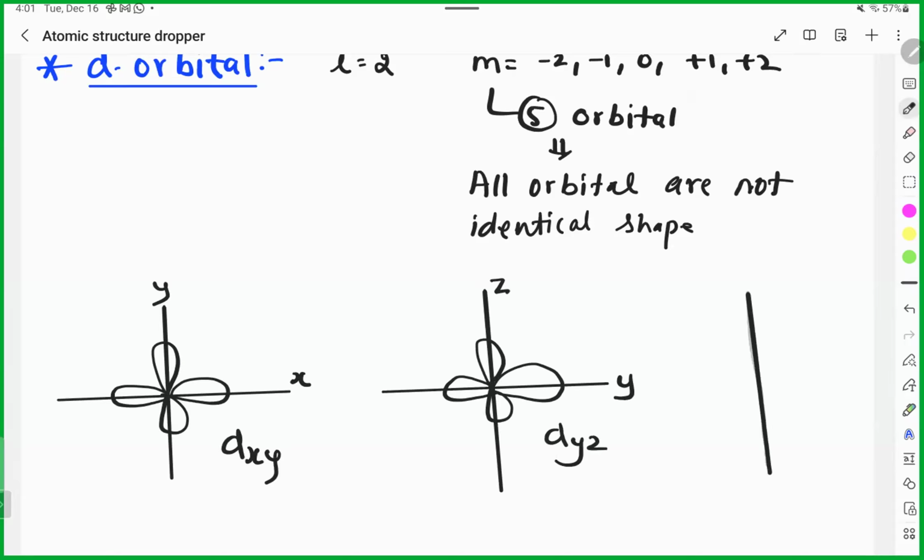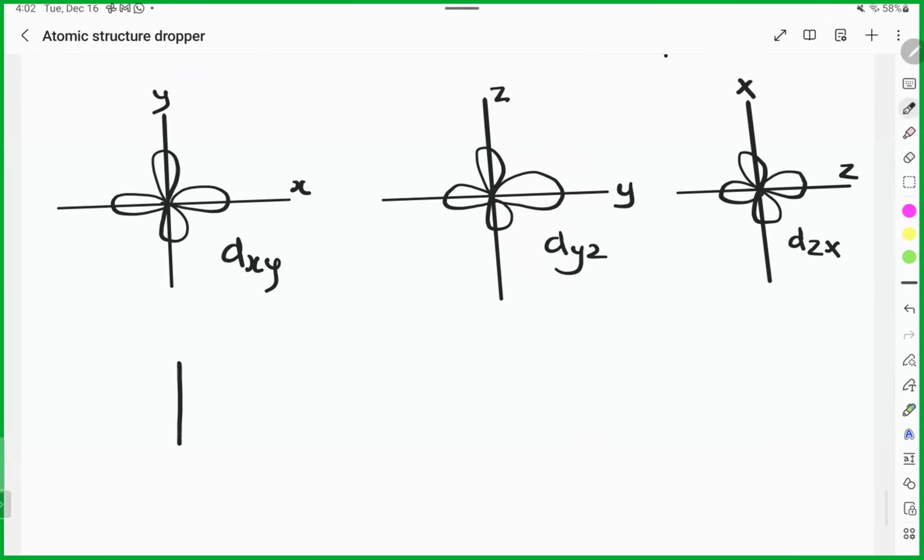And third, z and x. This is the zx. In this case, what you are seeing, there are 4 lobes in every case. Correct? In p orbital, you have 2 lobes. Here you have 4 lobes. Even if you take dx square y square, what is the difference? This time it will be present exactly on the axis.